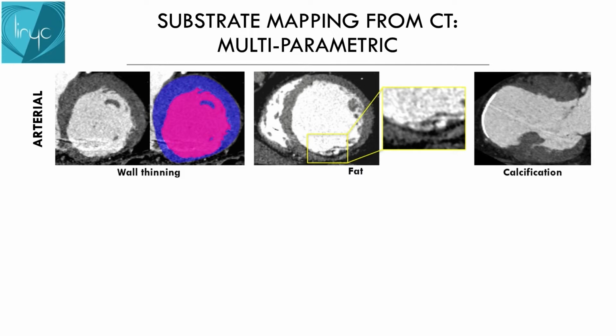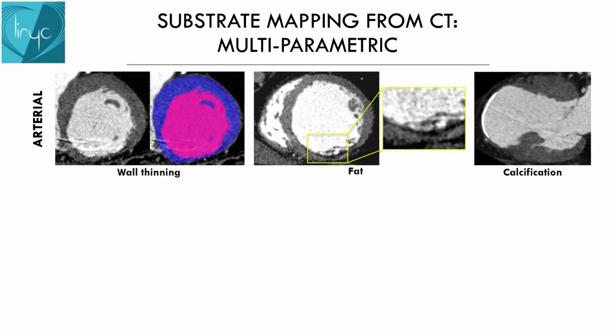So there are plenty of things you can do with a CT scan, which is largely available with no difficulties in patients carrying an ICD, versus what is happening in MRI. If you get injected with iodine and look at the arterial phase, you get access to a very accurate, very detailed spatial resolution wall thinning assessment of the scar.